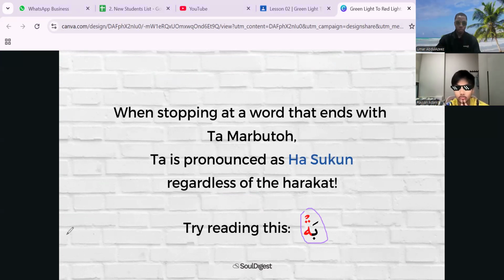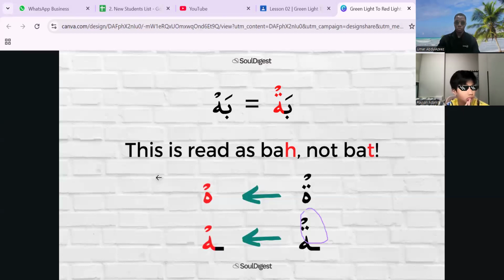Okay, let's move on first. It is read as ba, not bat. Good. Do you understand? Because it is waqf. When we do waqf, we pronounce the end letter as sukun, right? This applies to ta marbuta also. Ta marbuta is at the end of the word, so when you stop, you are not going to pronounce it as bat.